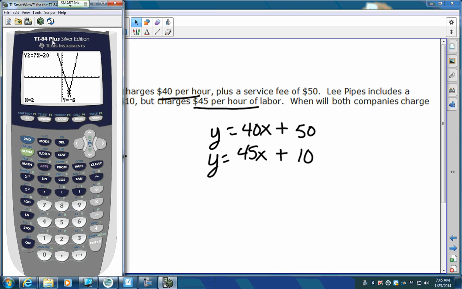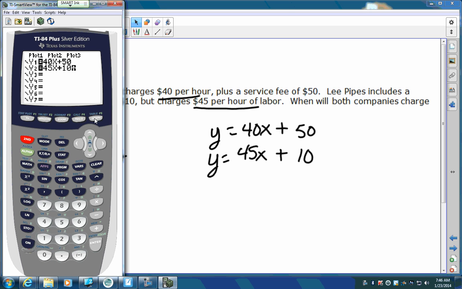Make sure you clear your memory so that if somebody messed around in the calculator, it's not messing your answers up. Put in there 40x plus 50. And in Y2, 45x plus 10. Now, where do I go to look for my answer?